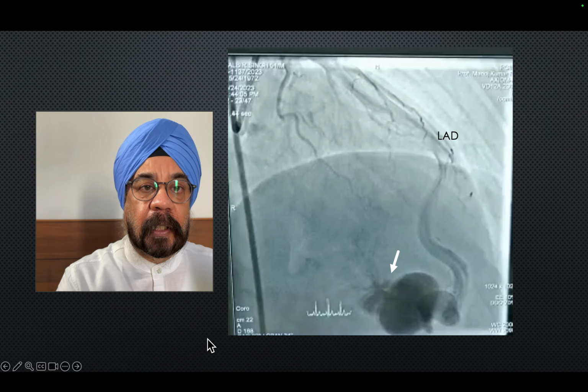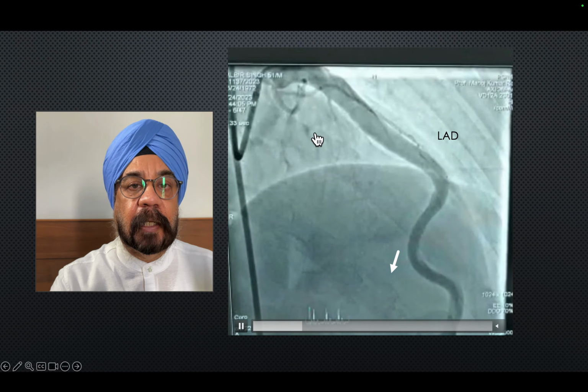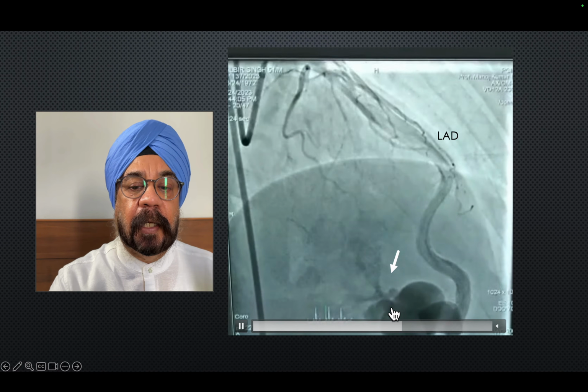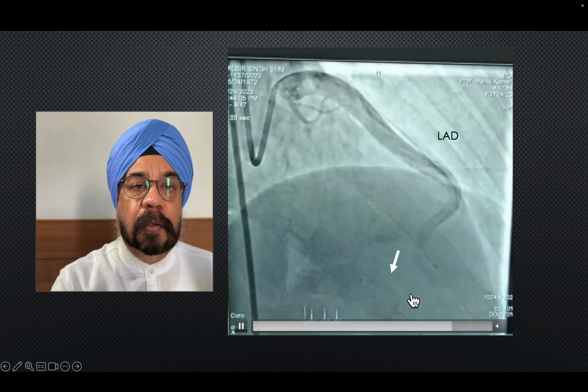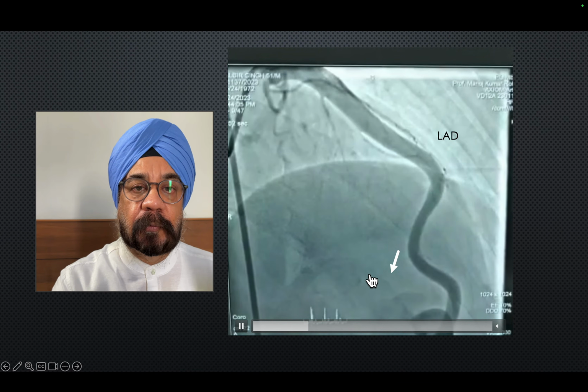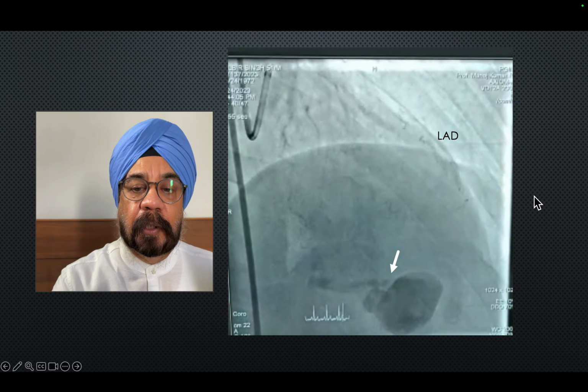So looking at the coronary artery, I told you this was the left coronary artery. The left coronary artery is markedly dilated, and you see this fistulous kind of structure here, and you see the flow entering into the right atrium in a continuous manner.